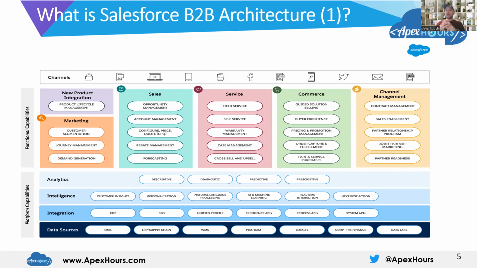And on the commerce side, order capturing and fulfillment, viewing of products, pricing and promotional management, part and service purchases, etc. And on the channel management side, it's more of partner relationship management. And then on the platform capabilities, you have the analytics, you have the intelligence layer, and then you talk about integration and various data sources, right?